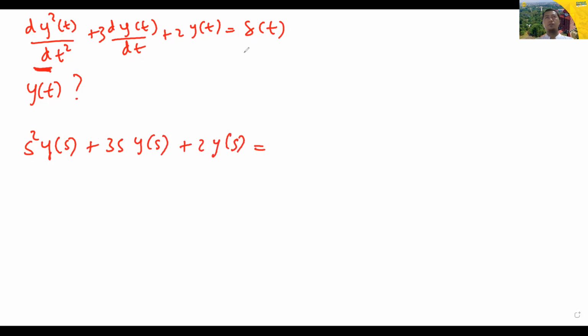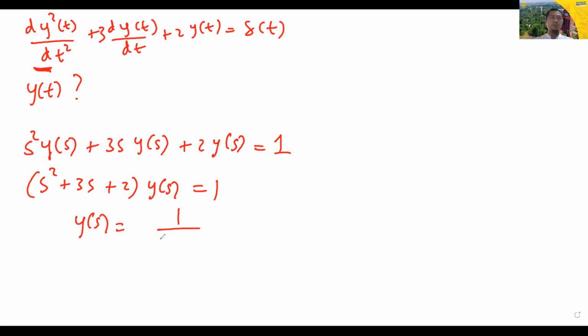And for this component, the delta or the impulse becomes 1, right? And then (s squared plus 3s plus 2) Y(s) equals 1, and Y(s) becomes 1 over (s squared plus 3s plus 2), right?